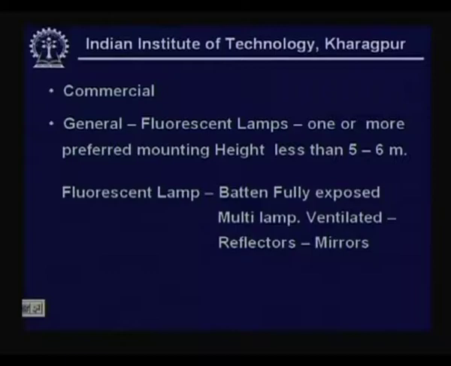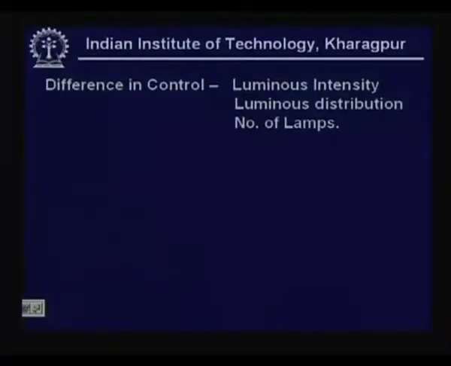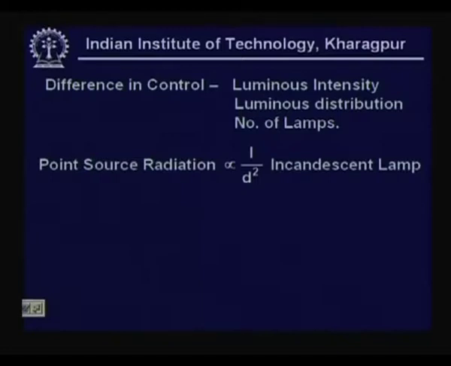These reflectors could be mirrors. The issue is there could be a difference in control, which depends on the luminous intensity of the lamps employed, how one wants to distribute the light, and the number of lamps involved.